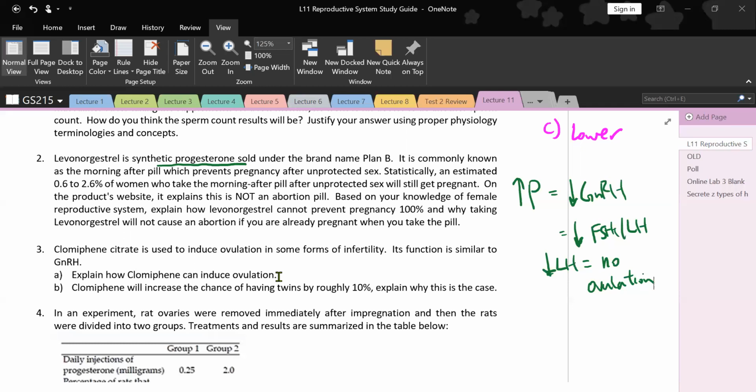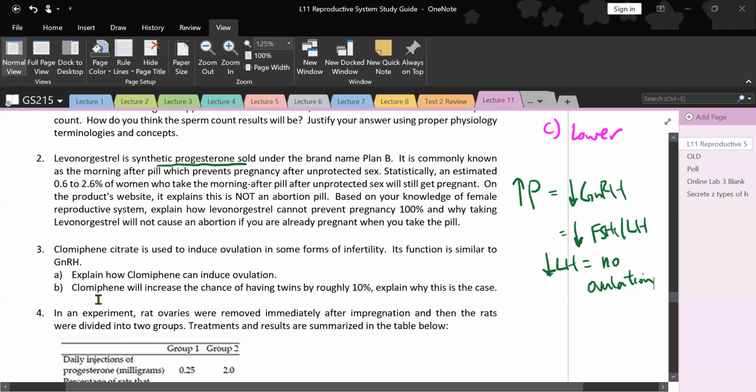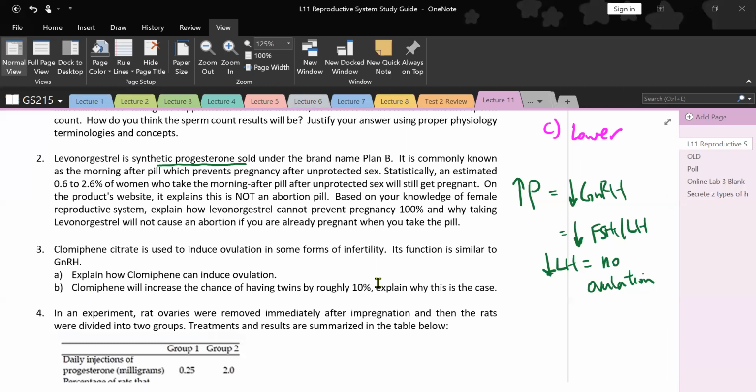And an increase in LH would also trigger the ovulation for both of them, which is why people who take clomiphene increase the chance of having twins by about 10%, because now you don't just have one egg in the system, you're going to have more than one egg. Now, of course, these would be non-identical twins because they come from separate eggs, but nevertheless, you would increase the chance of having a twin pregnancy.